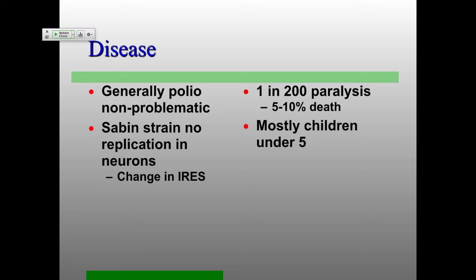So this sequence is really important for translation. We'll get back to it a little bit later on. And so again, this is the major strain here, which basically is replicating in the gastrointestinal tract. It's perfectly fine. Doesn't seem to cause paralysis, at least when you don't have a reversion in this IRES sequence that we'll get back to.